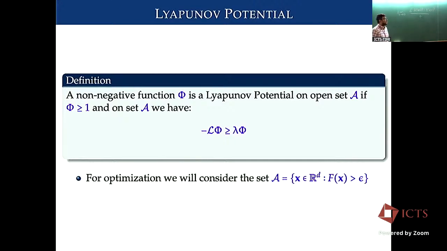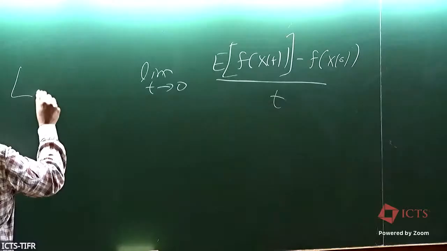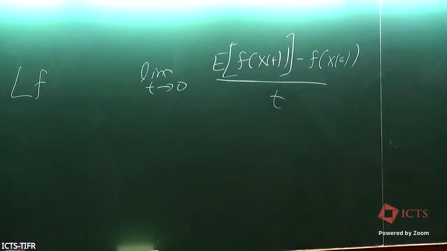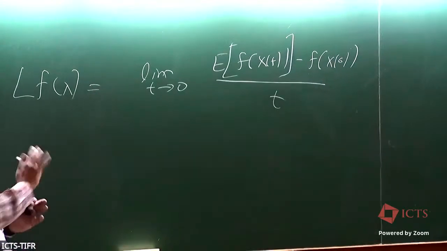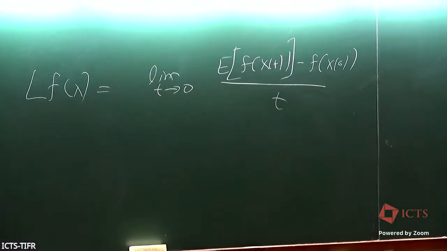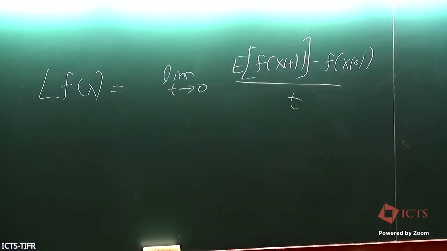So my initial point is fixed. Starting from that initial point, whatever randomness is there, I've integrated it out. So this is what I'm going to define as L of f of x for a particular point x, and there is nothing random about this. The process x of t is random, yes, but I'm integrating it out here.